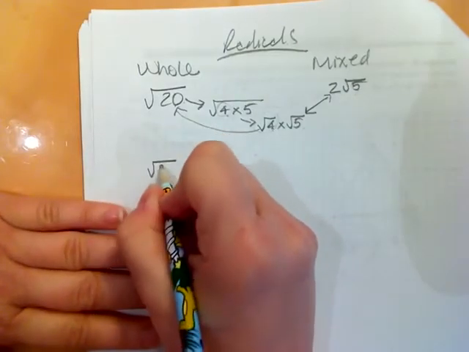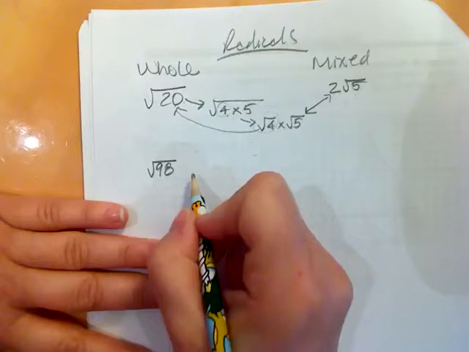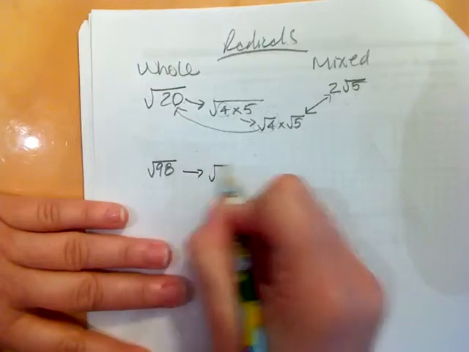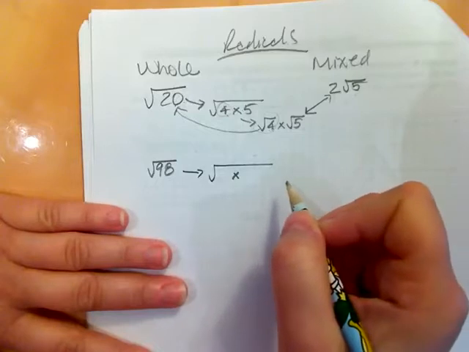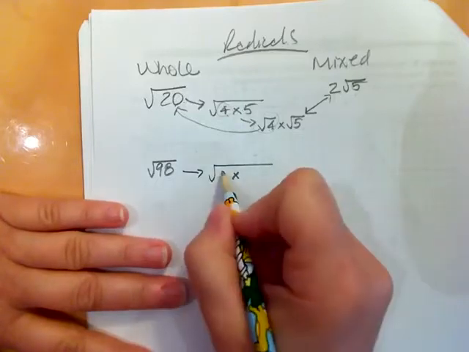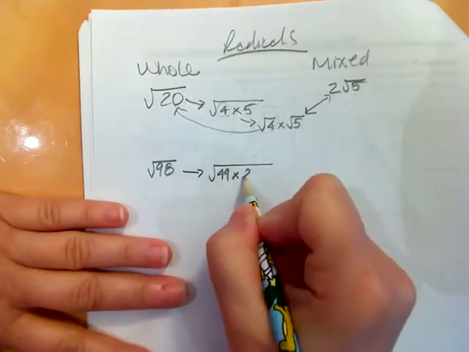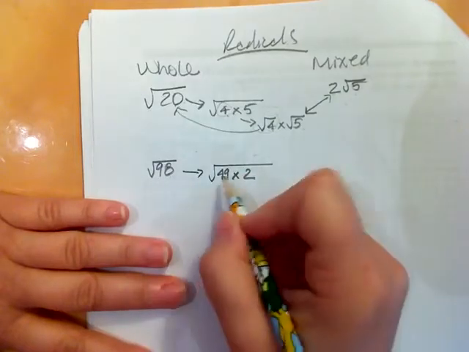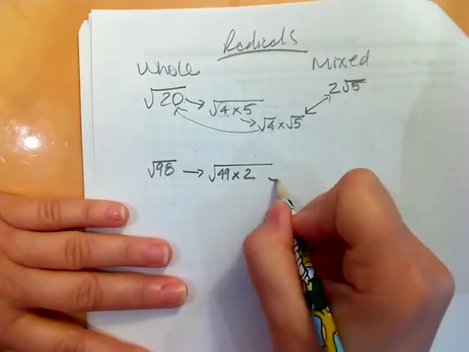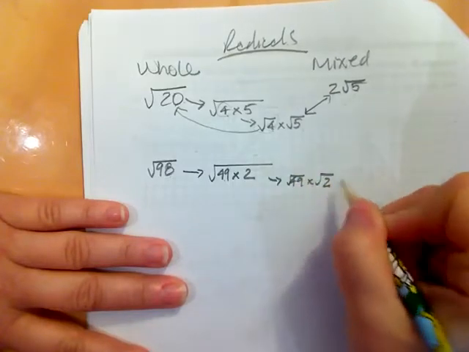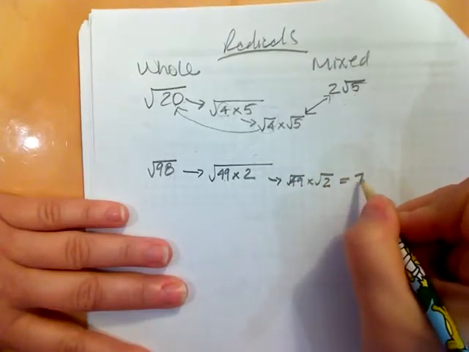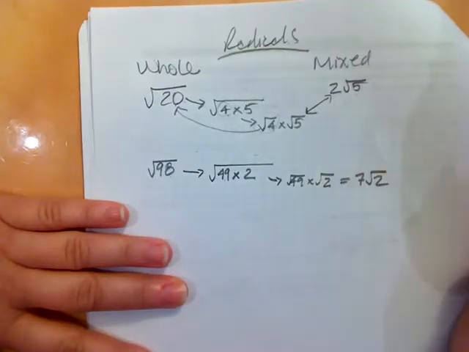Let's do root 98. So root 98 broken down to a perfect square times something else is what? Well, let's see here. 49 times 2 is 98. And we know the root of 49 times the root of 2 will be 7 root 2.